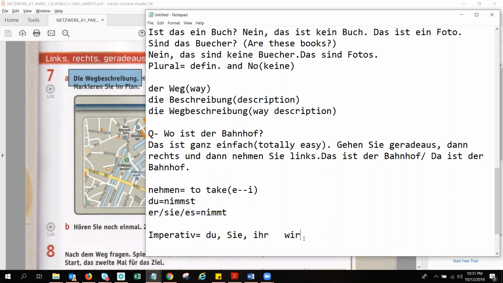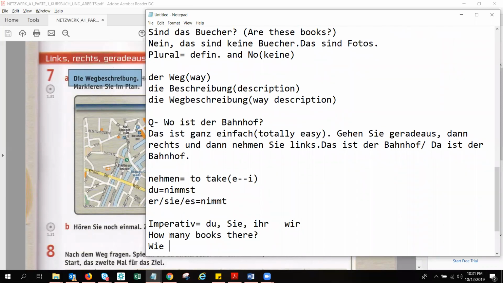If I want to say how many books are there, how will I say it? I was thinking, what is the meaning of many? So remember it will be wie viele. Wie viele. How many books are there?